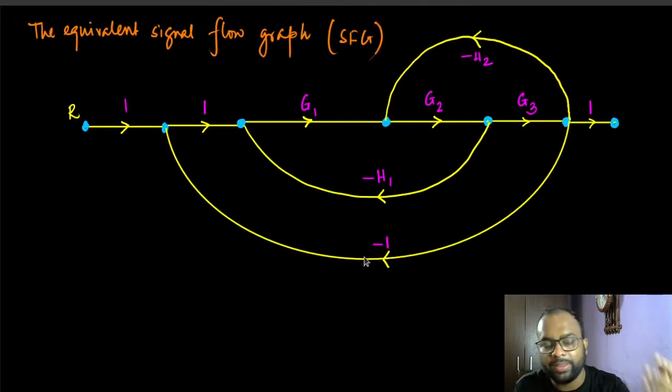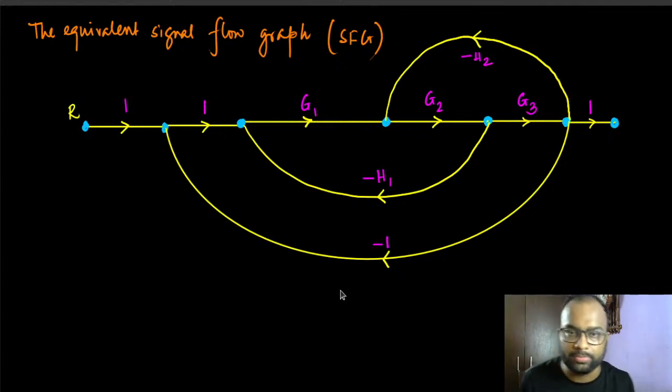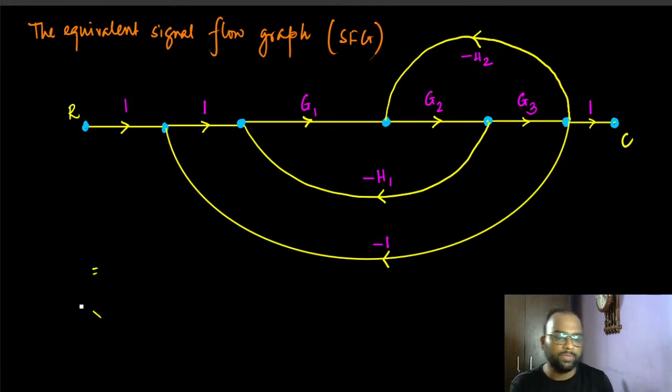Now, this kind of representation comes with a certain advantage. The advantage is that there are plenty of algorithms, plenty of theorems in graph theory that can now be directly applied on this in order to figure out the transfer function. So the transfer function is essentially C by R, the ratio of the output to that of the input under certain conditions. We are going to explain those conditions in our next class.